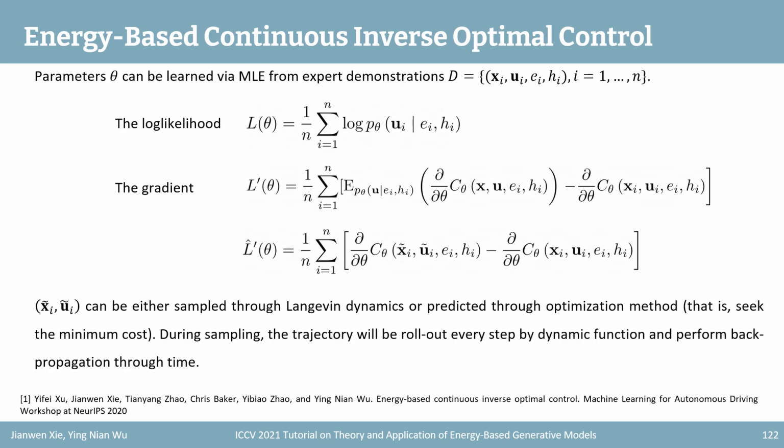The parameters of the cost function are learned by maximum likelihood by analysis by synthesis scheme. For the synthesis step, the trajectory of X and U can be sampled by Langevin dynamics or predicted by optimization methods that directly minimize the cost function.